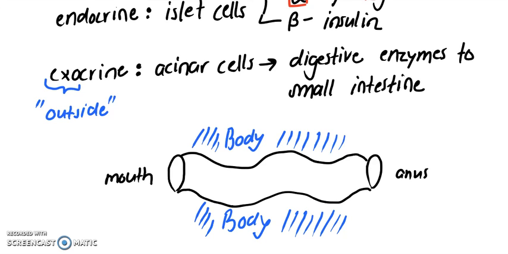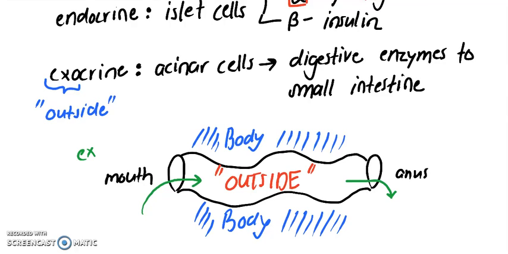So if you notice here that entering here, it's still on the outside. There is no kind of covering. And then same here, this is still exposed to the environment. So this is why we call the inside of the intestines the outside, because it's technically outside of your body, because it's exposed to the environment.